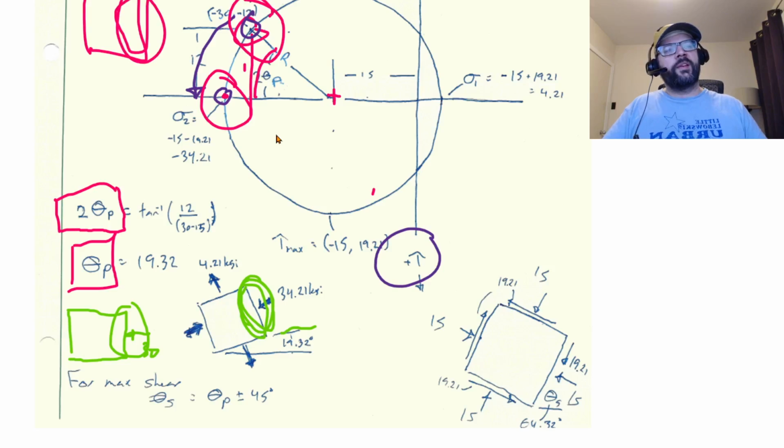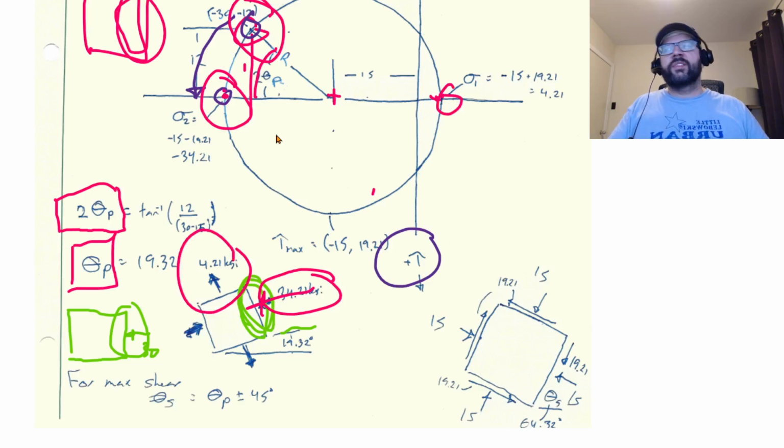That's how we know that's the one on this face, and obviously the other face is given by the other end of the Mohr circle. So this one's a positive 4.21 ksi tensile stress.